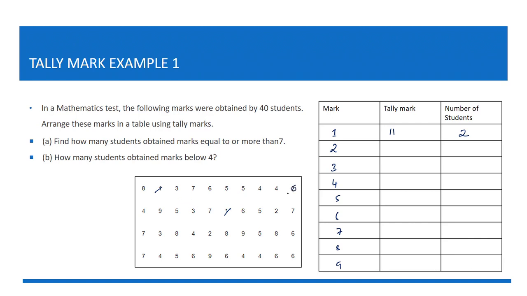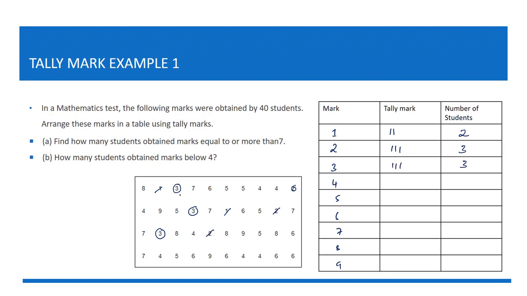So here 1, 2, then 3 are there. So let me go with this 3. Then 3 marks, how many students got them? This is 1, 2, then 3, so only 3 students again.